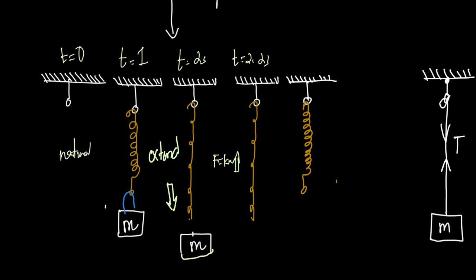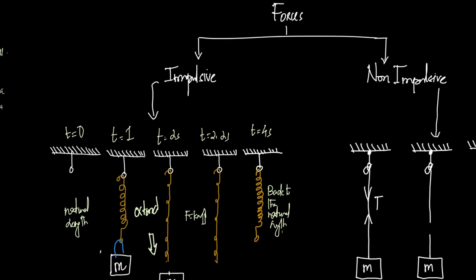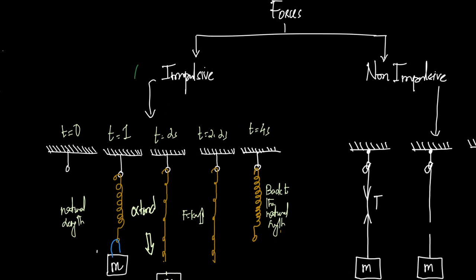It won't come to the original natural length very instantly. It will take some time. Maybe at t is equal to 4 seconds, the spring is back to the natural length. So since it takes some time for the spring to come back to the normal position, we call these kinds of forces non-impulsive forces.